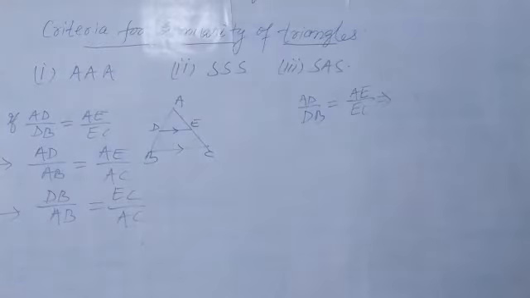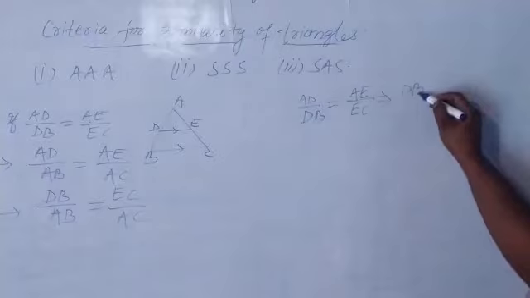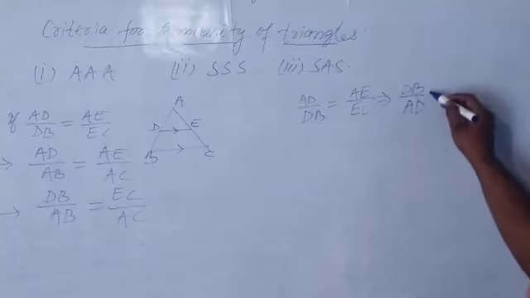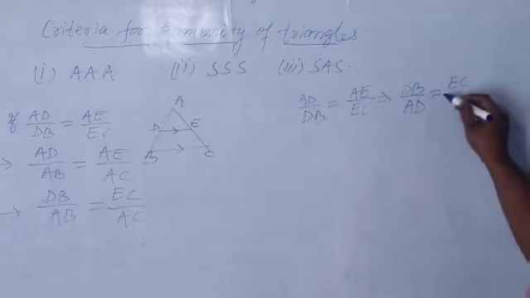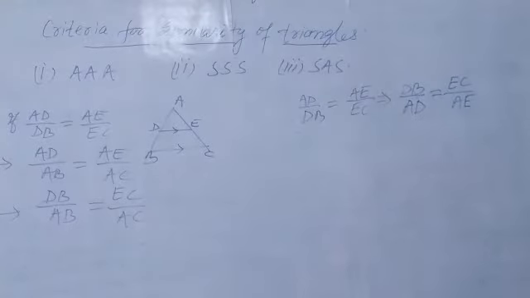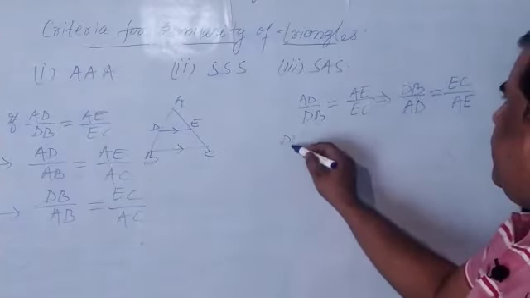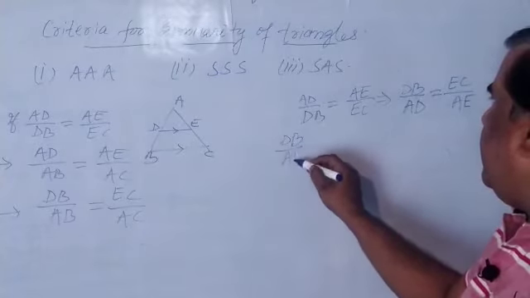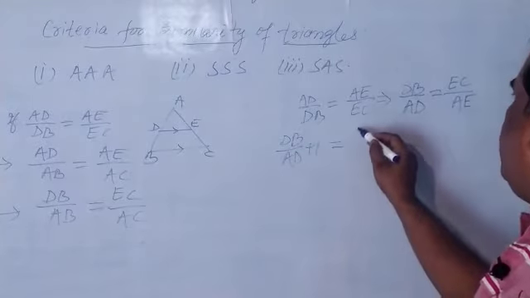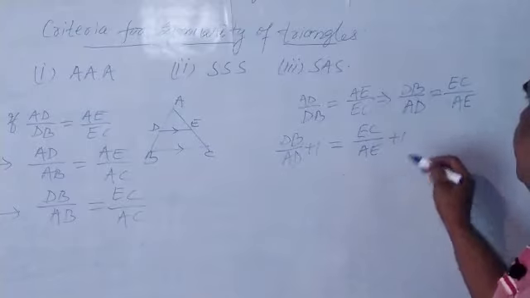If two things are equal, then their reciprocals are also equal. So DB by AD is equal to EC by AE. Now adding 1 to both sides, DB by AD plus 1 is equal to EC by AE plus 1.